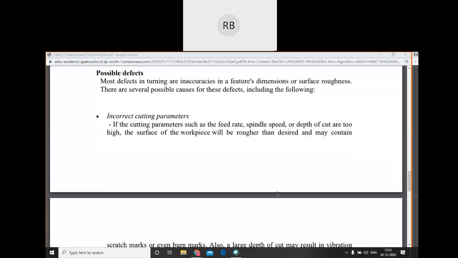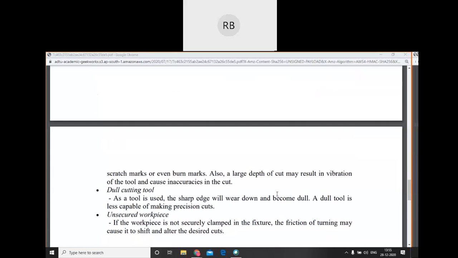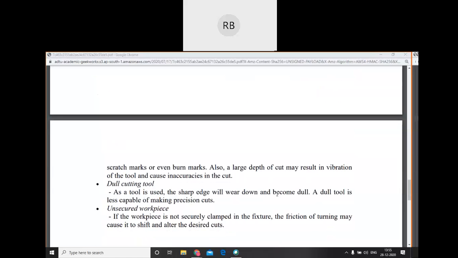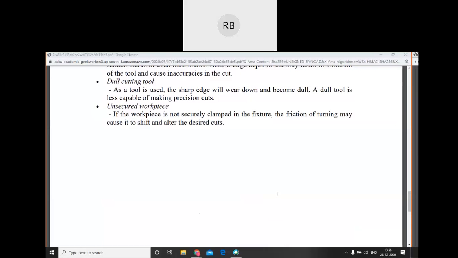If the cutting parameters, such as the feed rate, the rate at which the tool is fed to the workpiece, the spindle speed, or the depth of cut are too high, the surface of the workpiece will be rougher than desired and may contain scratch marks or even burn marks. Also, a large depth of cut may result in vibration of the tool, causing inaccuracies in the cut.